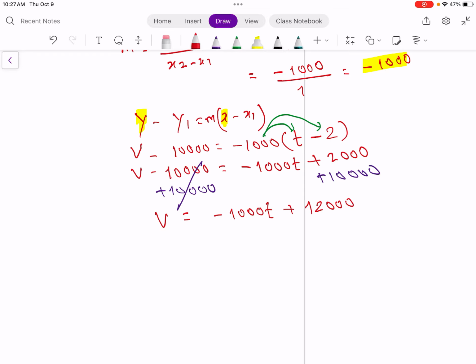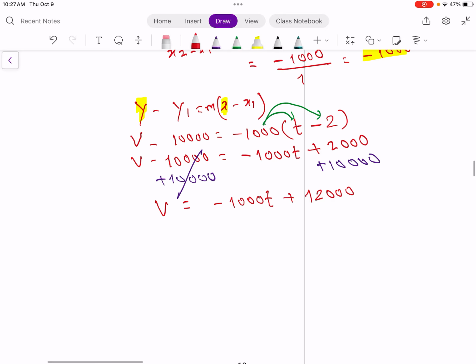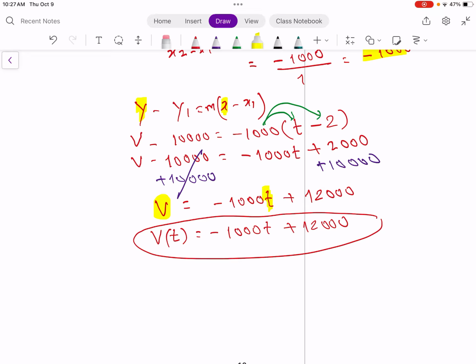We can rewrite our output V as V of T, since we express V in terms of T. So V of T equals negative 1000 T plus 12,000, and this is a linear function for the value of the printer in terms of T.